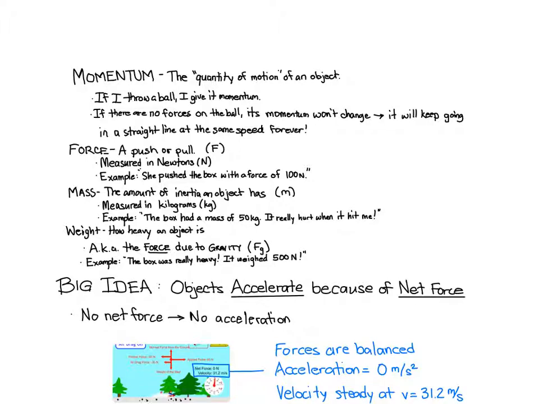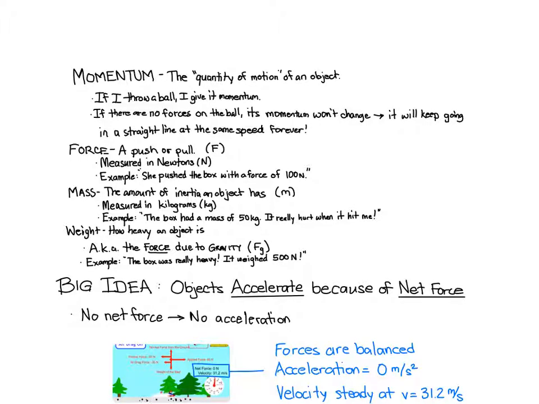All right. So, mass and weight are not the same thing. Here's the difference. Mass is the amount of inertia an object has. By the way, mass we give the letter M. Weight is how heavy it is.